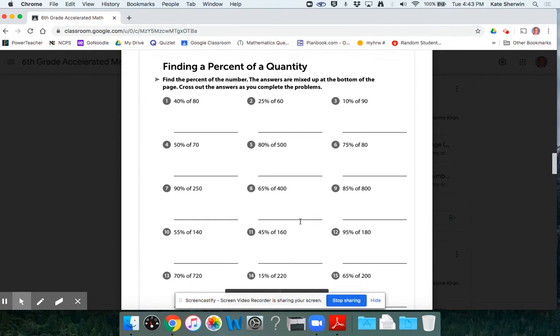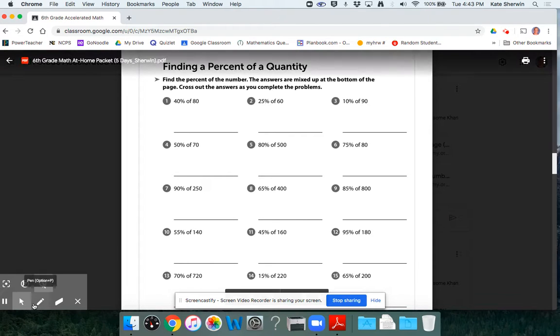Now down here on the second page, this is where you're actually doing the computation. You are multiplying to find the percentage of an amount, of a quantity. Now, I always say this, the word of is a magical word, and it means, I hope you said, multiplication.